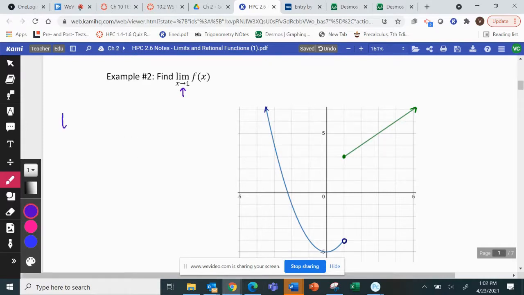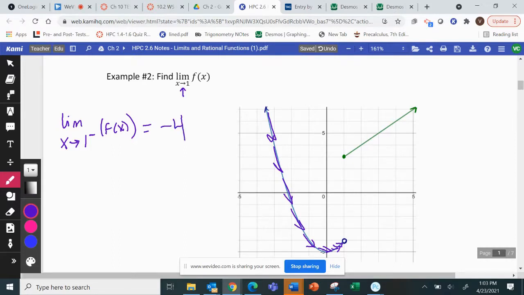So I'm going to do the limit of x approaching 1 from the left of f of x. I'm going to start on the left and move my x's more and more to the right, until I get almost to 1. What y value are they approaching? -4. Is that what we said?